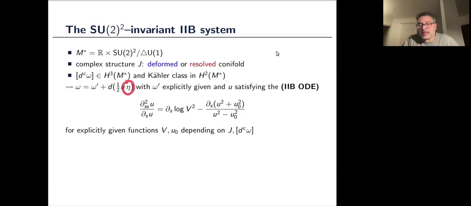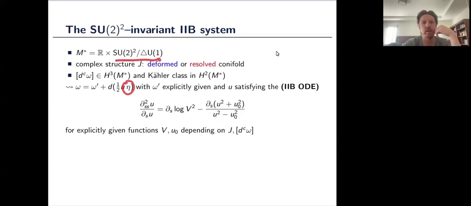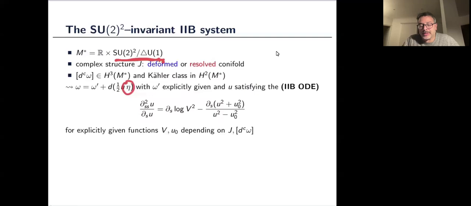Eta is the contact one-form on SU2 times SU2 divided by U1. This is basically my Sasaki-Einstein manifold. There's a unique SU2 times SU2 invariant one-form eta, which turns out to be the contact one-form associated with the homogeneous Sasaki-Einstein structure.